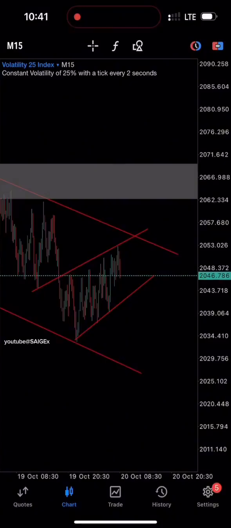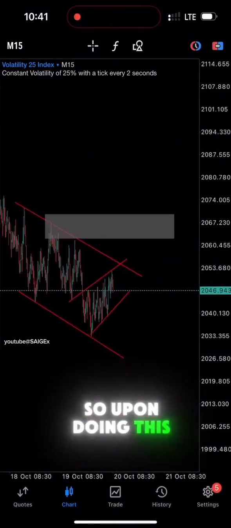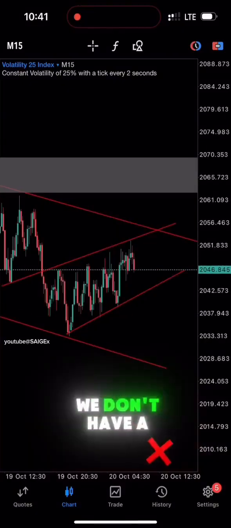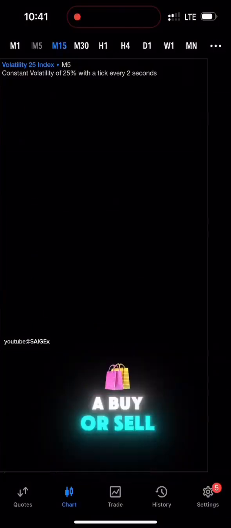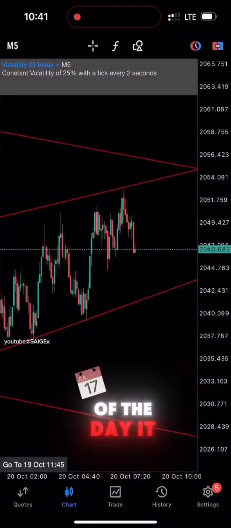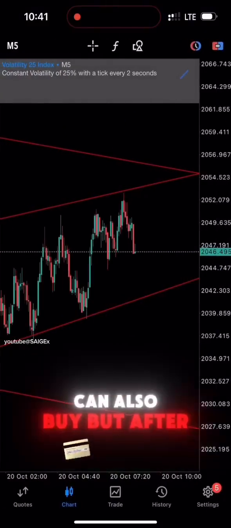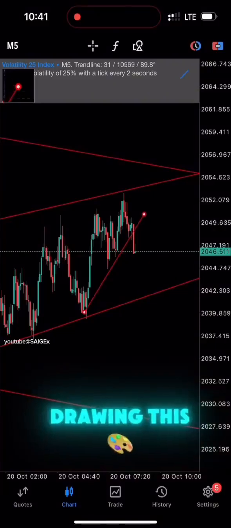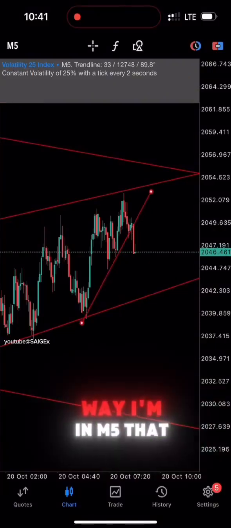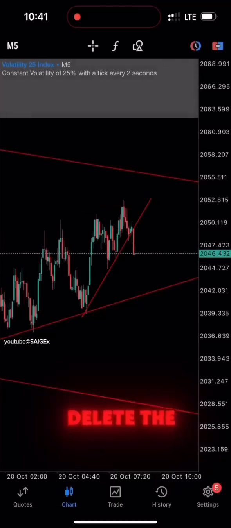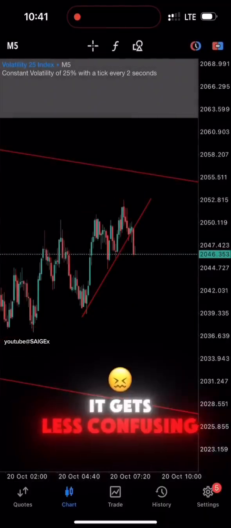Anyway, upon doing this, we don't have a definite answer if it's a buy or sell, because at the end of the day, it can drop, it can also buy. But after drawing this, that is the only way in the M5 that I'm certain. Let me delete the trend lines so that it gets less confusing.